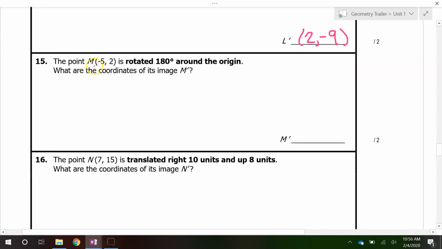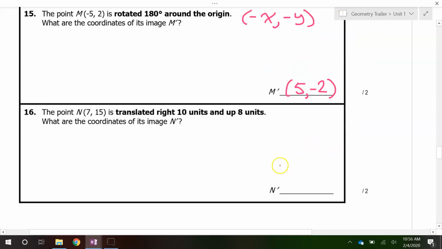All right, number 15. This point is rotated 180 degrees around the origin. Okay, 180 degrees. The rule is opposite of x, opposite of y. So the opposite of x is 5. And the opposite of y is -2.